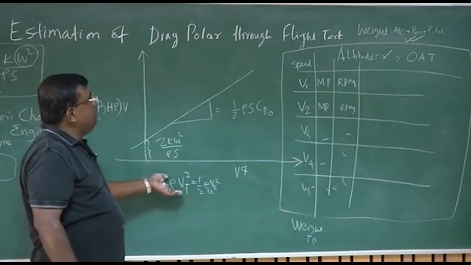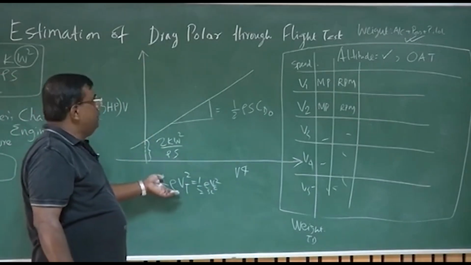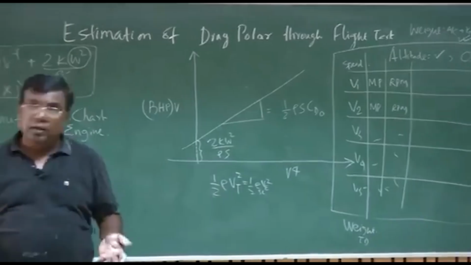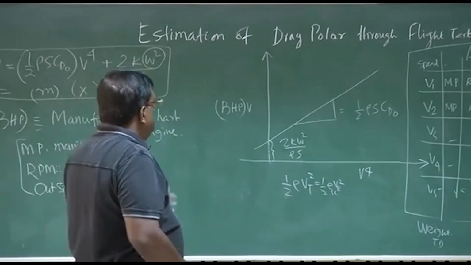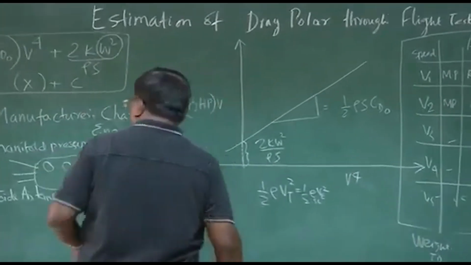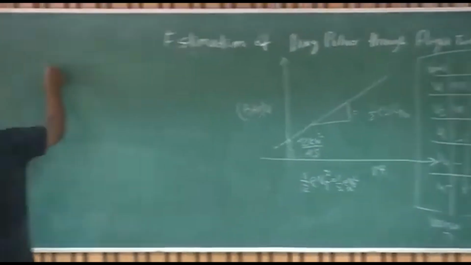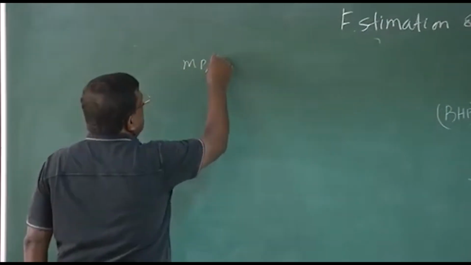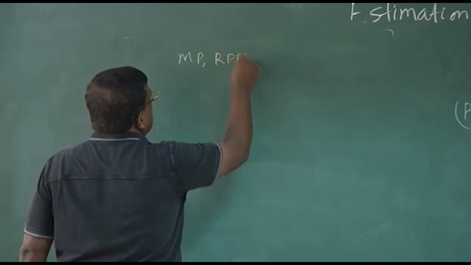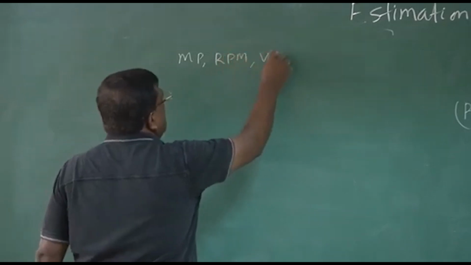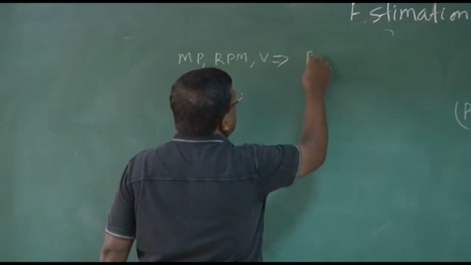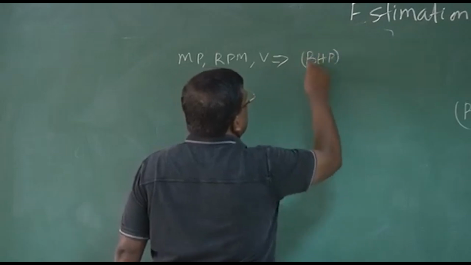Rho I'll find out through outside air temperature and the standard atmosphere table. And now I will plot. You know manifold pressure, you know RPM, you know V. So you are calculating the BHP into V.